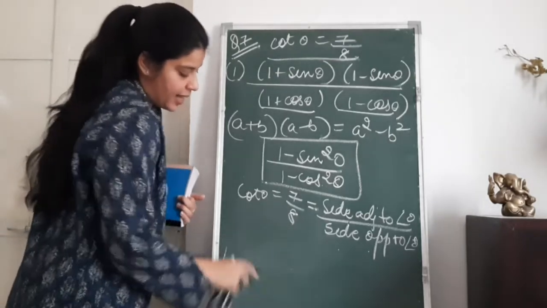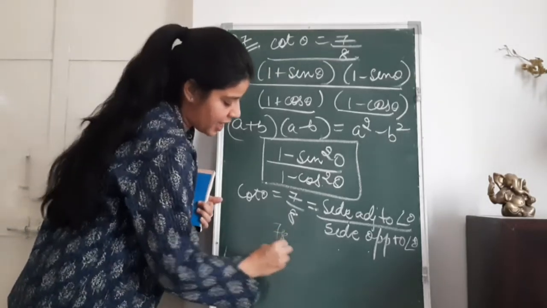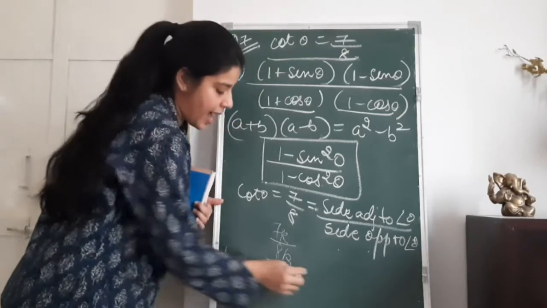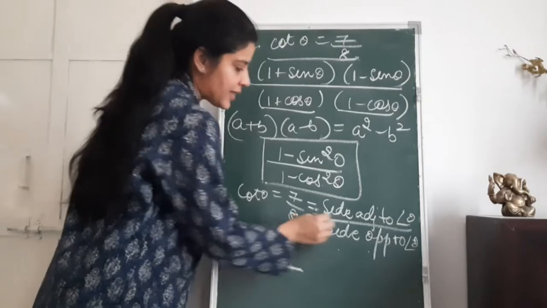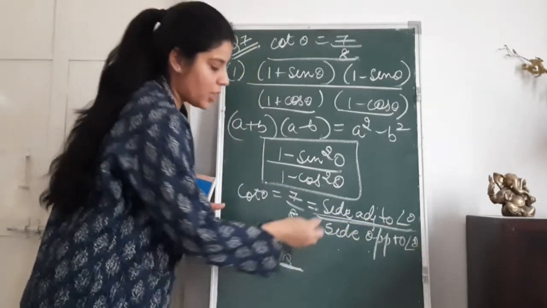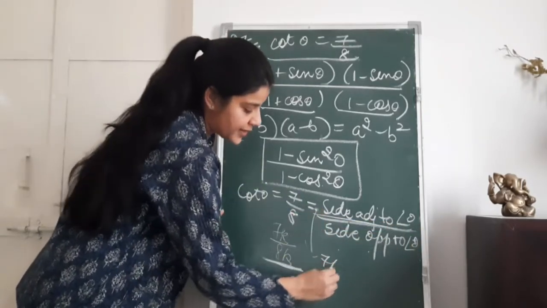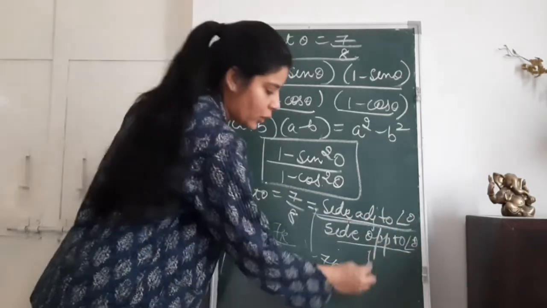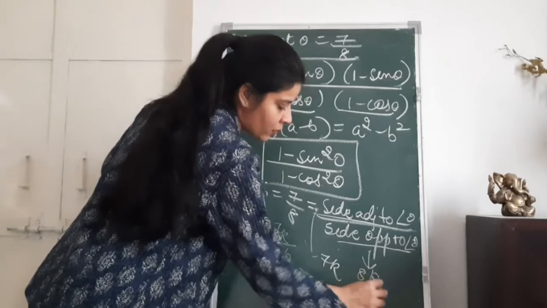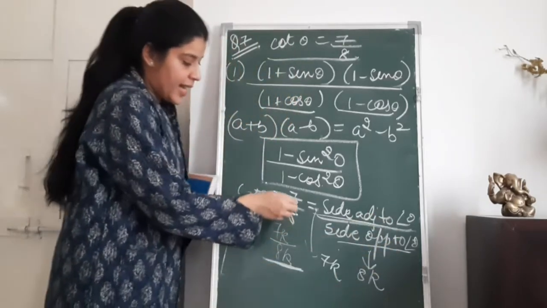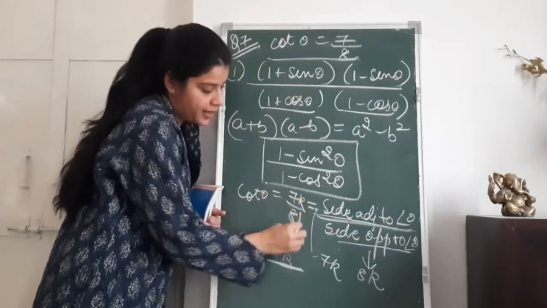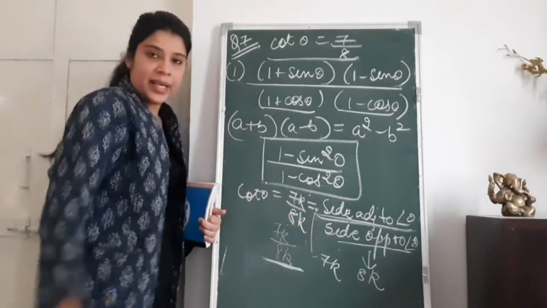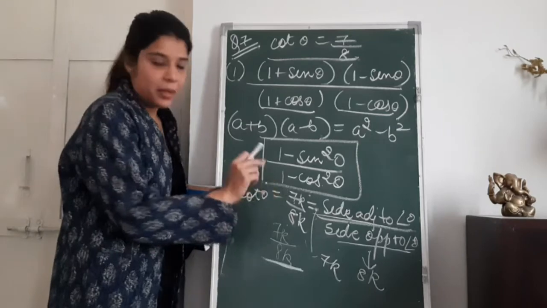Then I can say 7k upon 8k. Using this analogy here, side adjacent to angle theta is going to be equal to 7k, and side opposite to angle theta is going to be equal to 8k. Again, we have assumed that k is a number here which is being cancelled from numerator and denominator, and let that number be k.